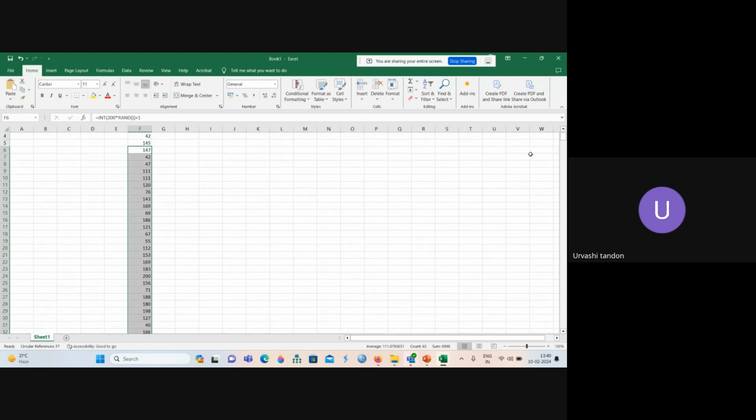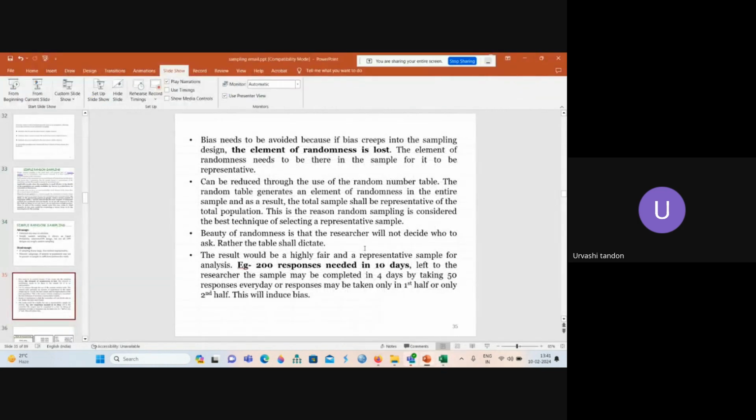So the formula is equal to INT, 200 asterisk RAND brackets plus 1, right? So it is creating the random numbers. From your list you can now pick up number 147, then 42, 47, 111, 120. Again, if a number appears two times, then you can remove it, right? So this is how we generate random numbers through Excel itself.